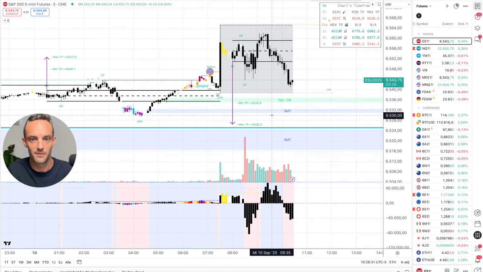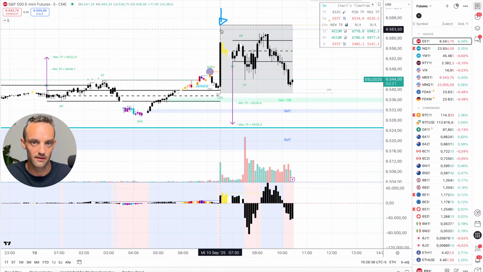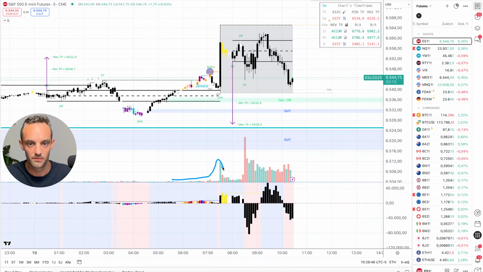We are on the 5-minute time frame, and we always need to take into account that there was a volume spike or a volatility spike before the open. You can see it here in the real volume, we have very little volume. And then at 8:30, you see this big volume spike.